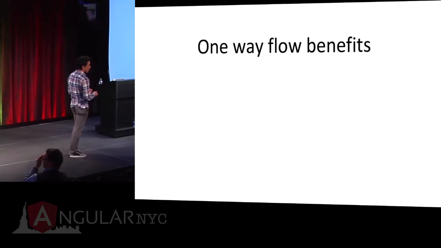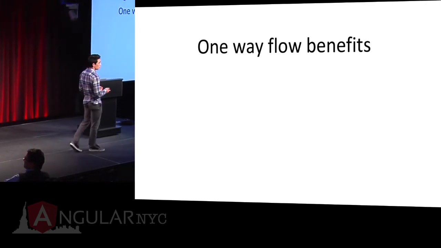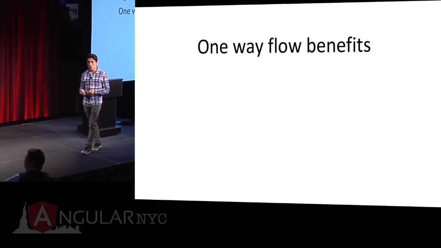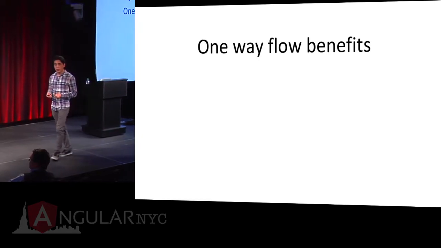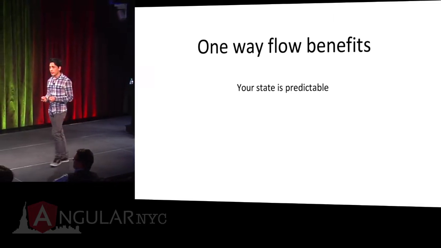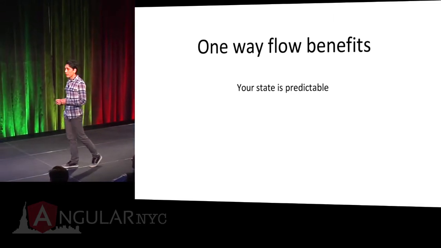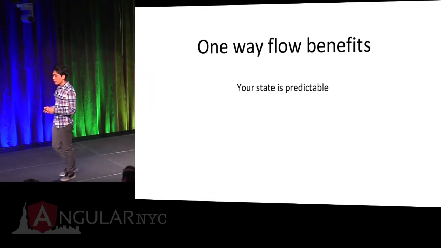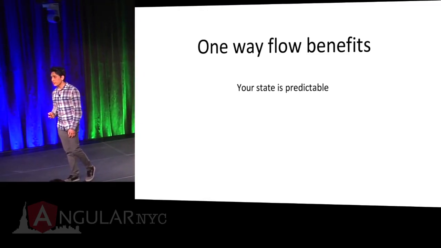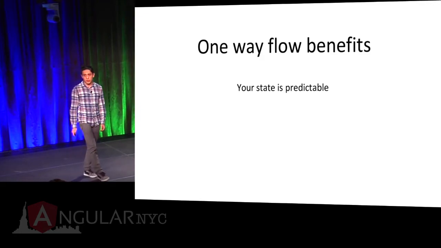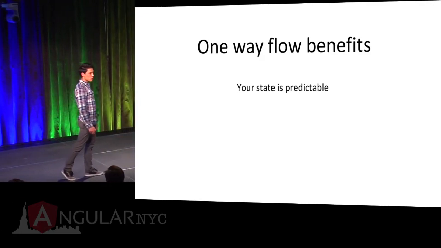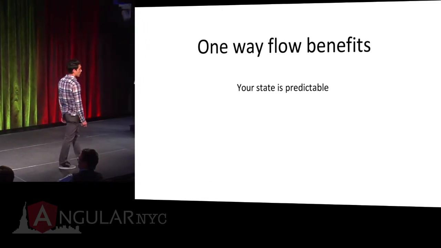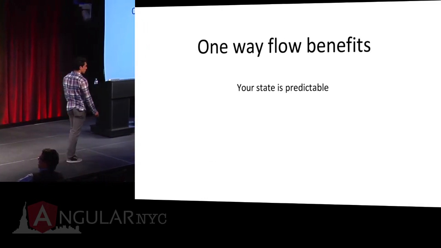What are the benefits of having one-way flow, meaning that all of the changes go through the store and reducers? The benefits are that our state becomes very predictable because all of the logic is in reducers. And reducers always return the same output with the same input, meaning that you can easily recreate the state as well as easily predict what your state will be.